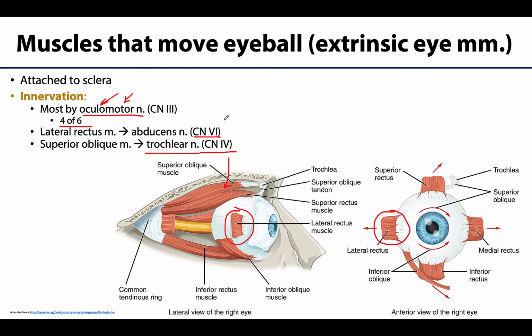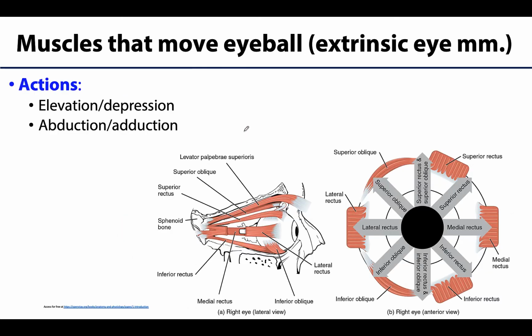So if you have injury to, say, the oculomotor nerve, there's going to be quite a bit going on in terms of the inability of the eyeball to move in its typical manner. But say you have injury to or a lesion on one of these 2 nerves, you can get down to what's going on based on trying to test for the actions that can occur with those muscles.